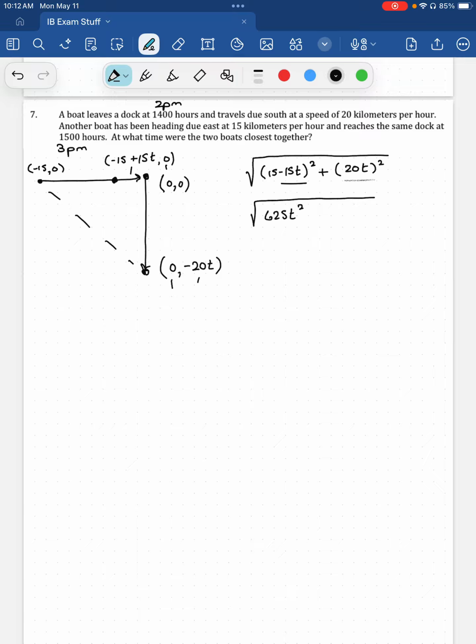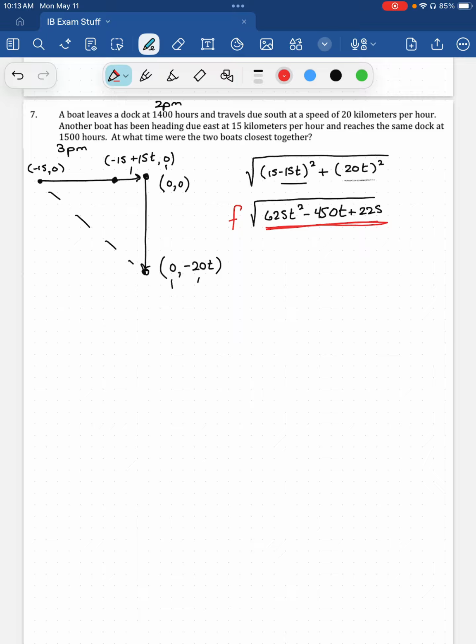And then everything else will come from this part. 15 times 15 is 225, doubled, becomes minus 450t. And then plus 225. So that's going to be my function. Now, as we talked about in an earlier problem, when you optimize a radical, you only have to optimize the inside. So my function is just going to be this part on the inside.